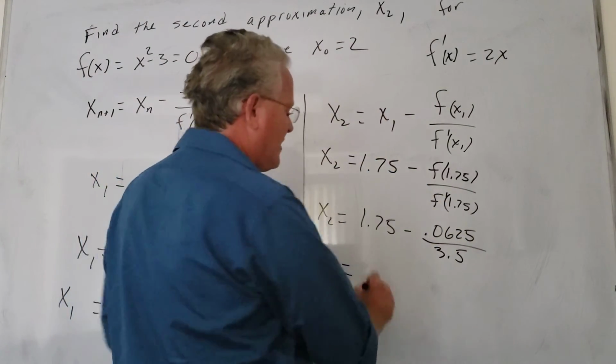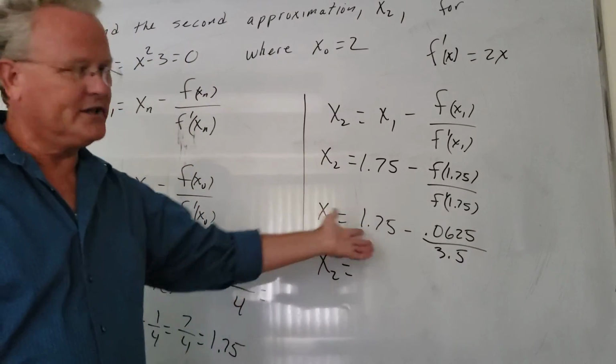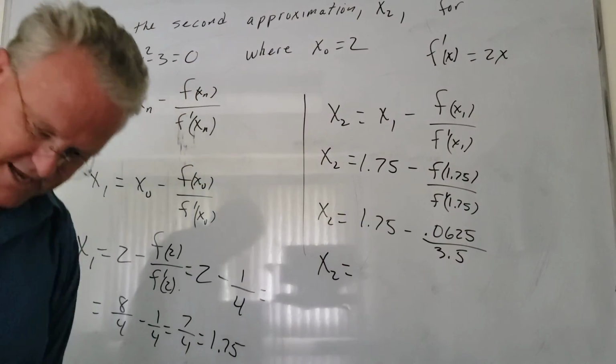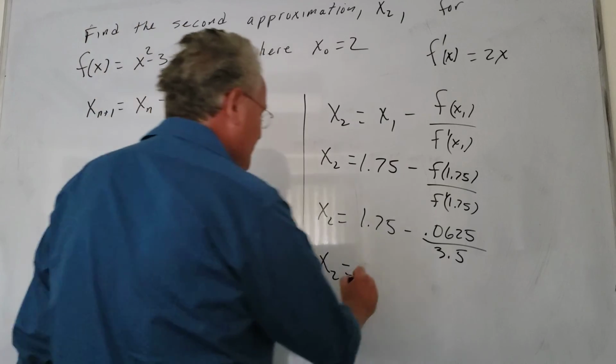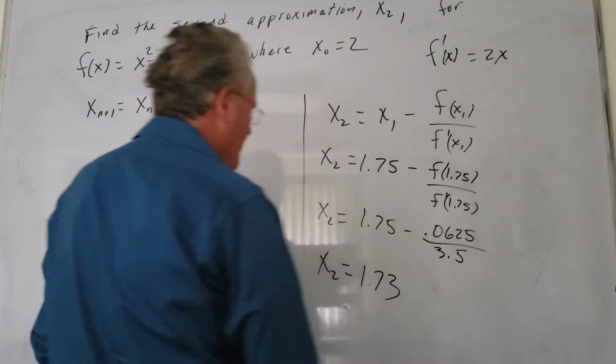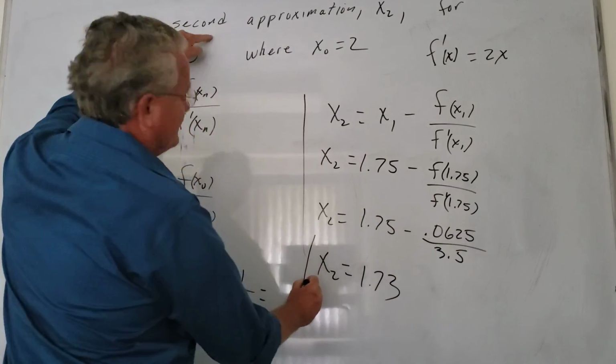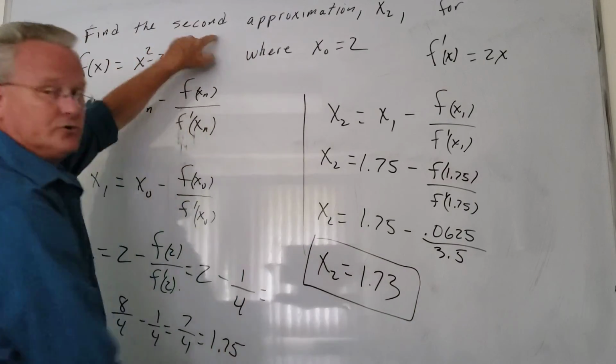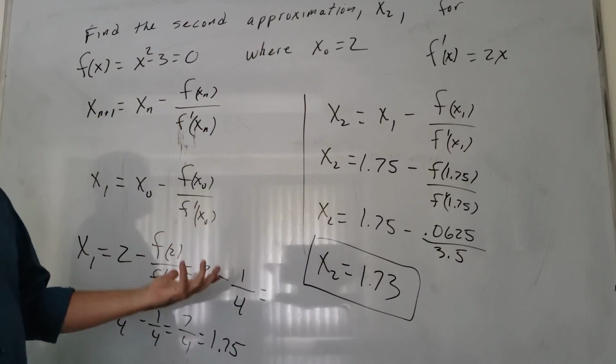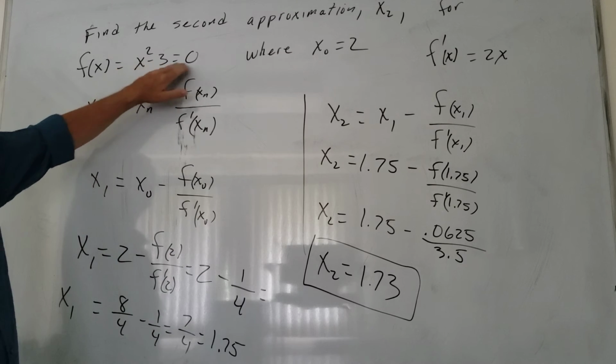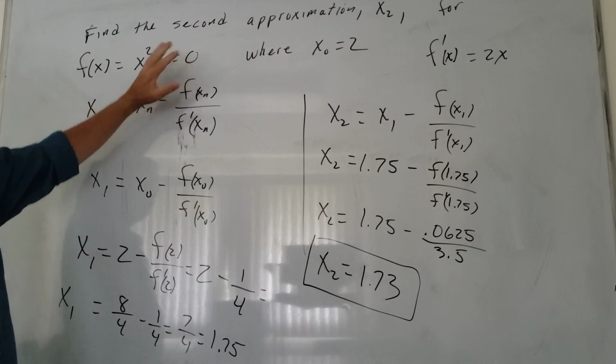Now again, just get out your calculator, type in 1.75 minus that, and you're going to get 1.73. So this is the second approximation. It's x2, the second approximation using Newton's method for the solution to this equation.